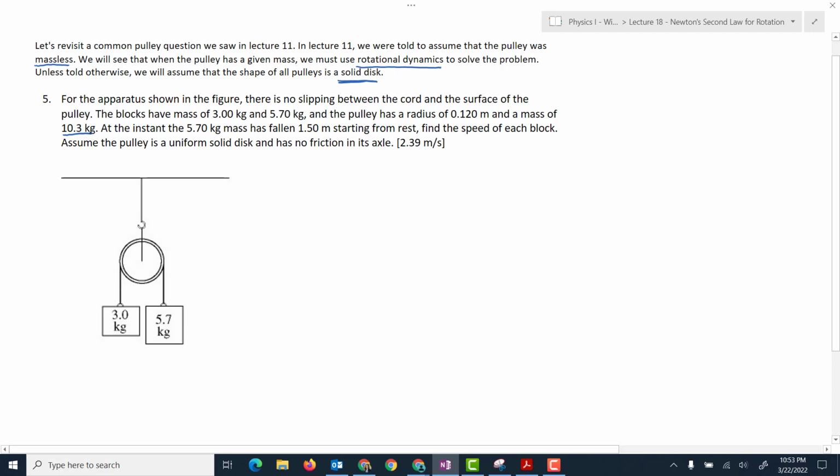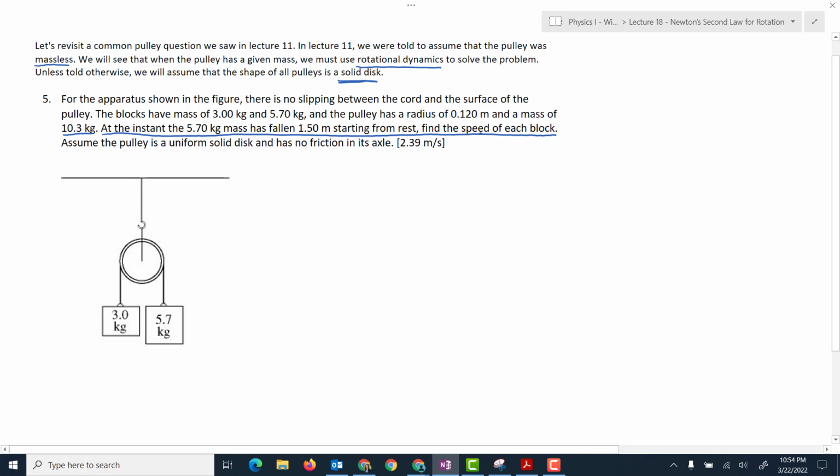That means you need to use rotational dynamics to solve this problem, which is what we're going to do right now. At the instant the 5.7 kilogram mass has fallen 1.5 meters starting from rest, find the speed of each block. Okay, so this point over here, this is using kinematic equations. We're trying to find the final speed.